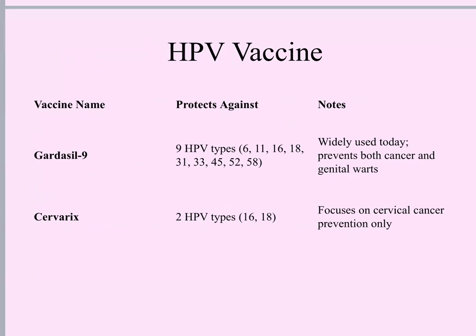I do also want to say that if somebody does have cervical cancer, they will be treated with chemo and radiation. But one of the really big important things with cervical cancer is lifestyle, specifically not smoking. Tobacco smoking is really linked with cervical cancer.